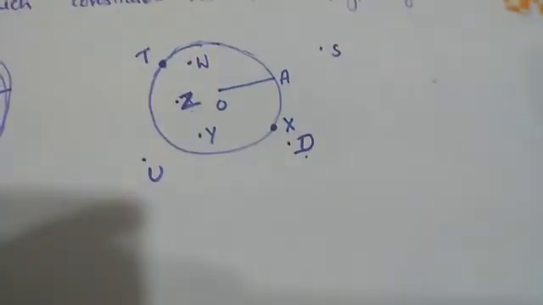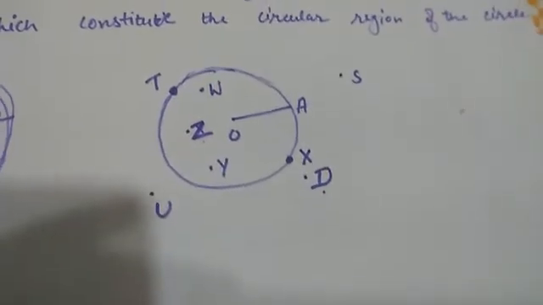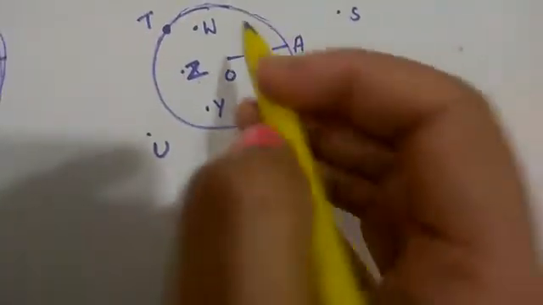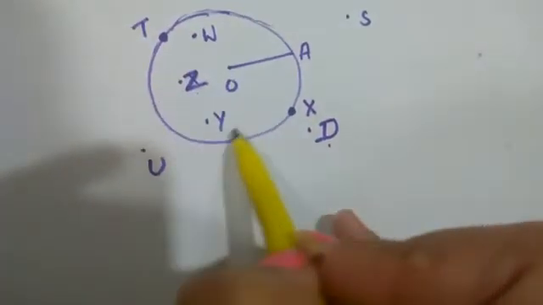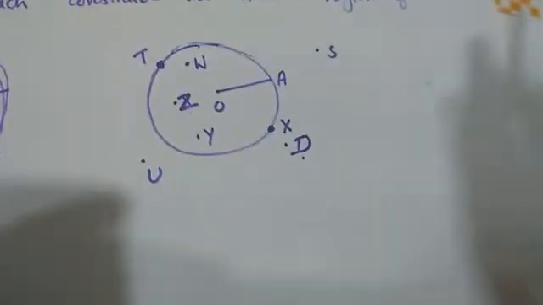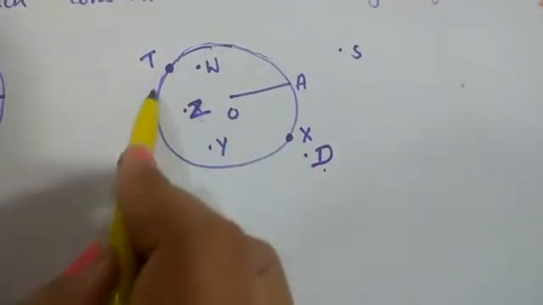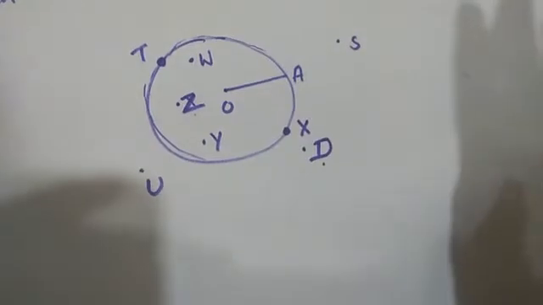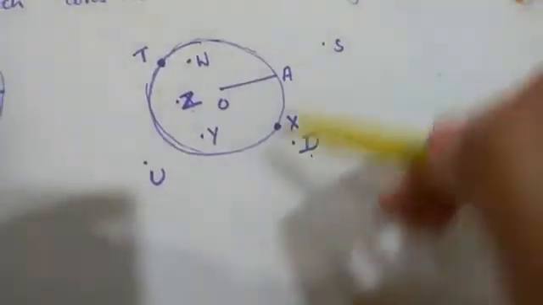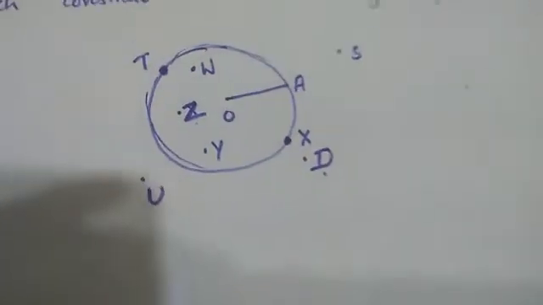Nothing outside the circle. What is written outside the circle, you do not have to see. You have to just write the parts of the circle. Now see, all these points that are inside the circle are parts of the circle. Those that are on the boundary of the circle are also parts of the circle. But the points that are outside the circle are not parts of the circle.